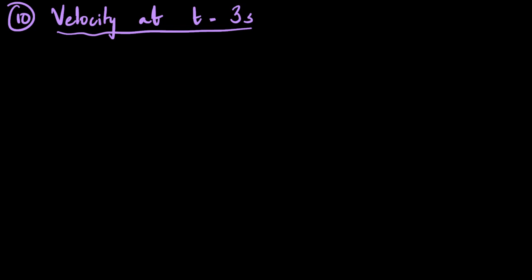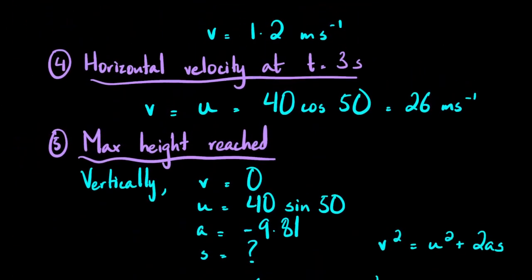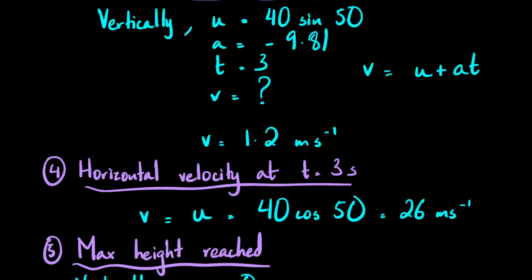So in one of the earlier parts, we calculated both the vertical velocity, which you can write as Vy or Vx, it's really up to you. And we calculated Vx as well. So if we just go back up there. So Vx was throughout the same, 40 cos 50, this was 26.